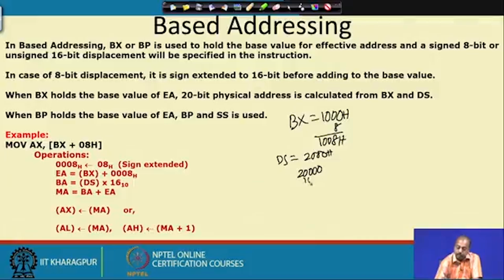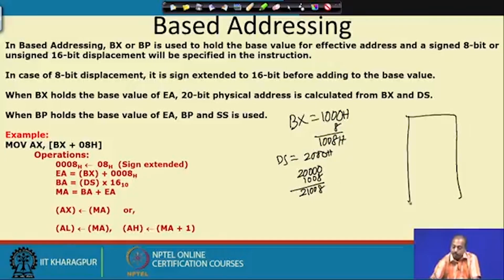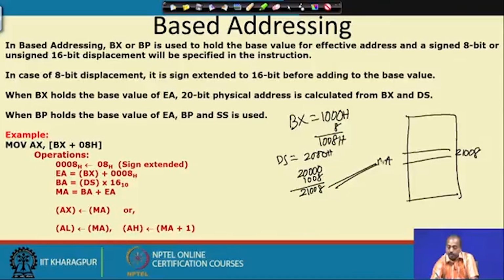With that, this 1008 will be added. So it is 21008, and that particular memory location will be accessed. This MA equals 21008, that is the memory address.